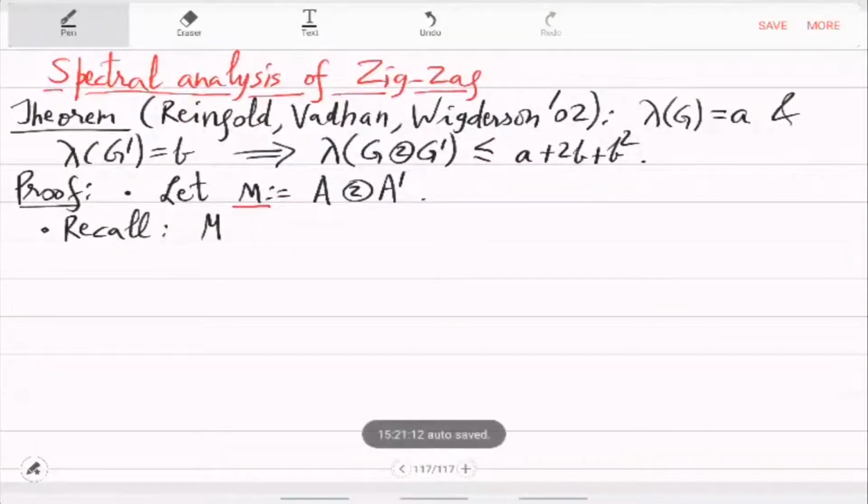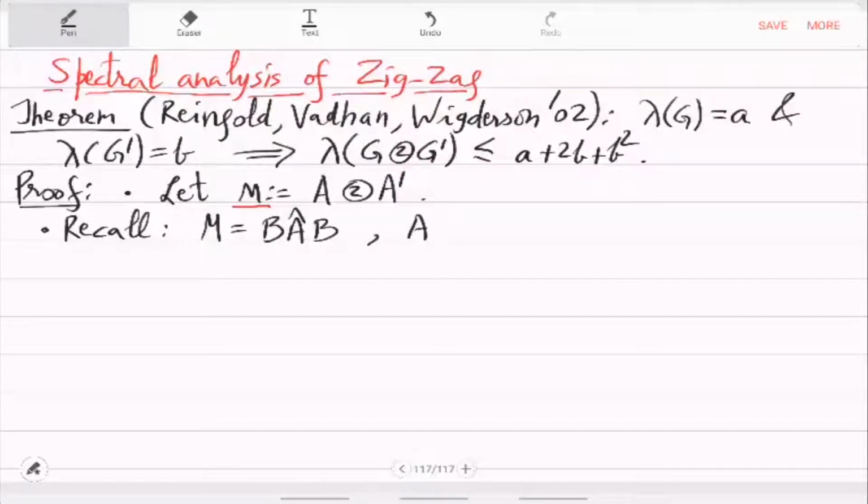Recall that M is equal to B A hat B, where A hat is a permutation matrix dependent on G or A, and B is dependent on A prime.